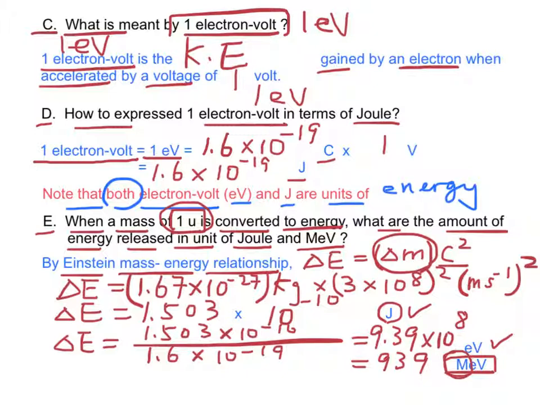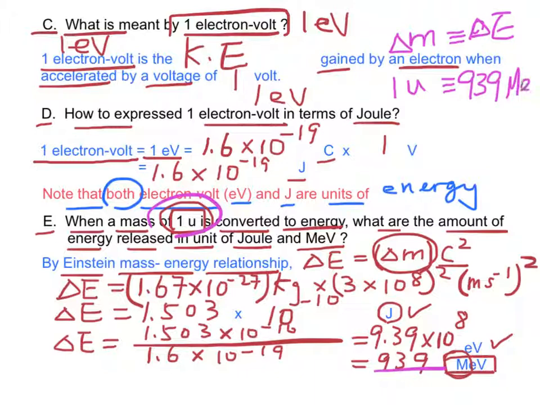Notice that a mass defect of 1 U is equivalent to an energy release of about 939 MeV. This conversion is very important.